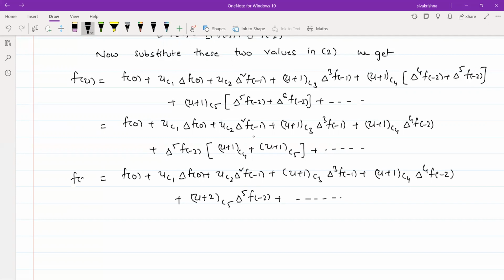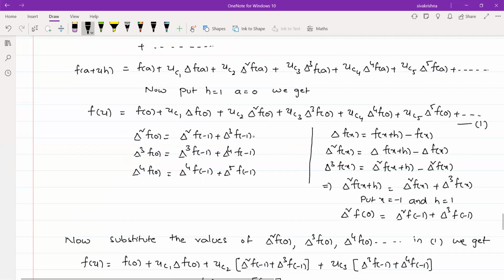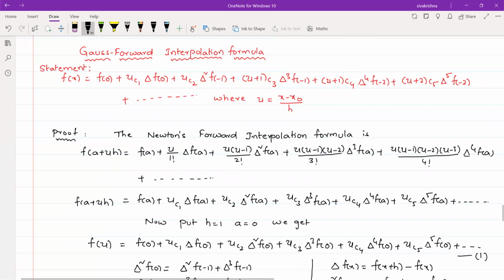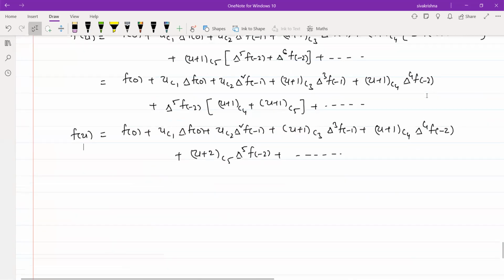So this is f of u. Now if we observe this step, we get the Gauss forward interpolation formula. In the Gauss forward interpolation formula, we have written up to u plus 2 c5 into delta power 5 f of minus 2, and in our last step we also obtained u plus 2 c5 delta power 5 f of minus 2 and so on. So this is the Gauss forward interpolation formula.